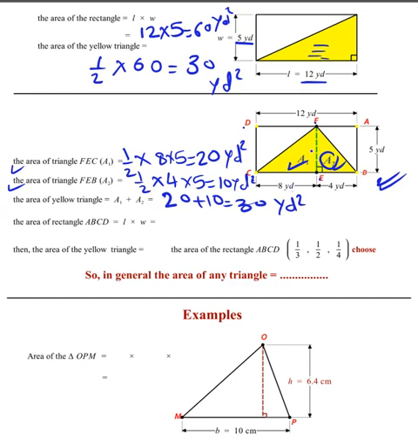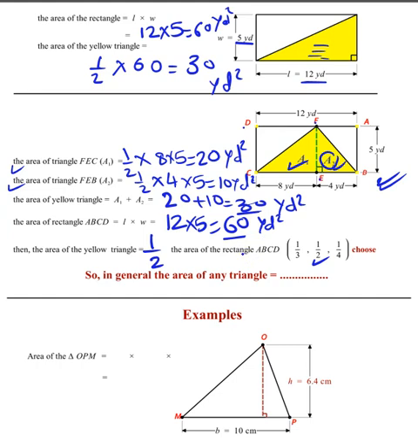So again, the area of the yellow triangle is 30 square yards, and the area of the rectangle is 12 times 5 equals 60. By comparing them, we see that the area of the yellow triangle is again half the area of the rectangle ABCD.